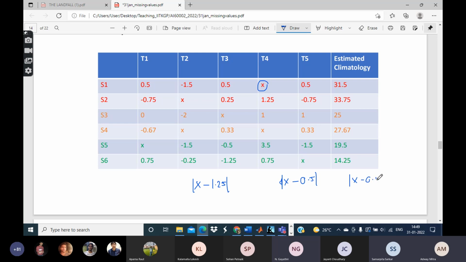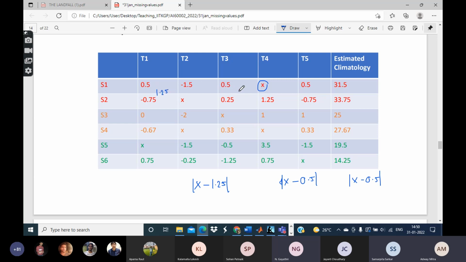Now, what can you expect these values to be? Here, x minus 1.25 is basically how much you expect the difference between these two readings to be on the same day. So in all those days where both readings are available, you can see what their difference usually is. On day T1, this difference is quite large, 1.25.